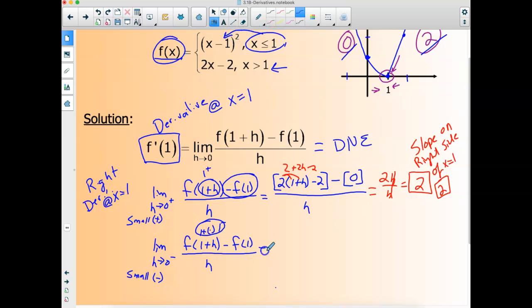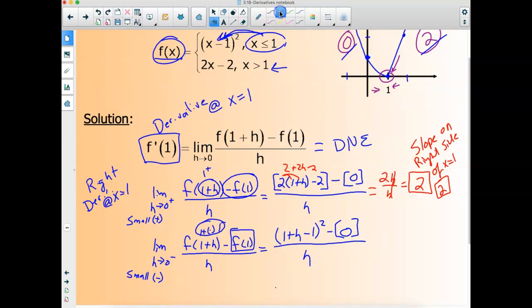So f of 1 plus h is parenthesis 1 plus h minus 1 quantity squared, minus f of 1. 1 can only be plugged into that piece, so it's still 0, divided by h.